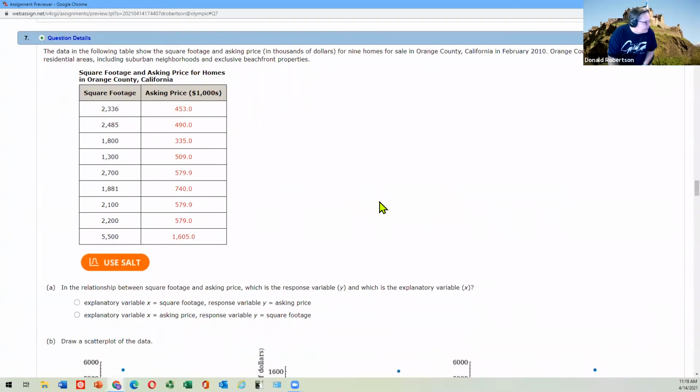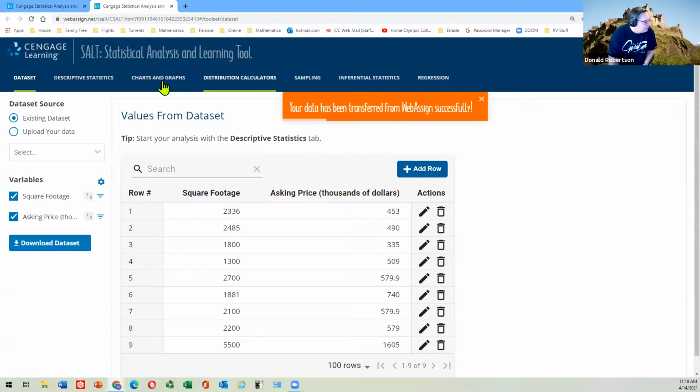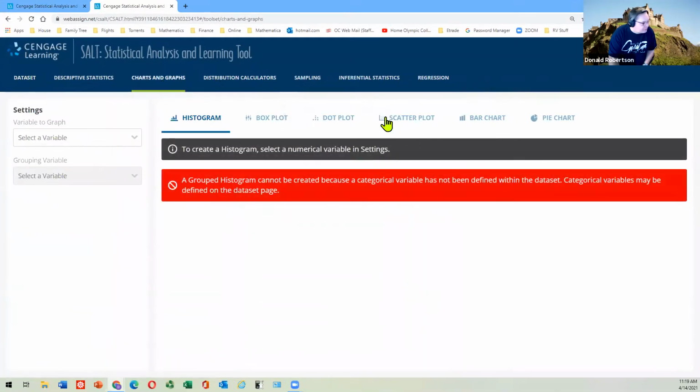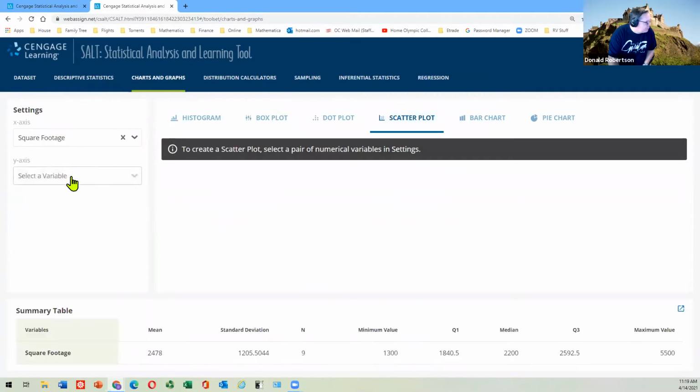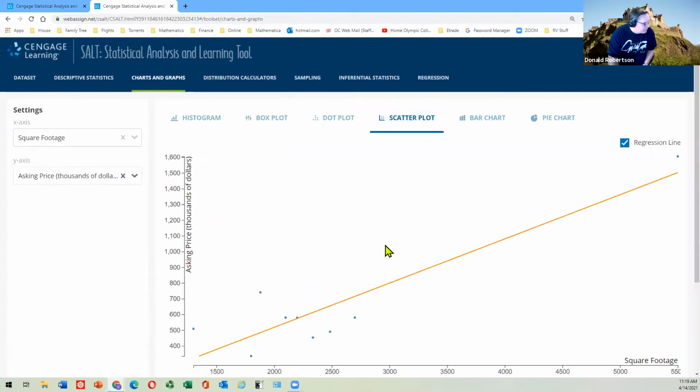So let's look at our next one. Here's some data. Square footage and asking price. So that should be an easy one to do. I will go into charts, go into scatterplot, square footage, asking price.